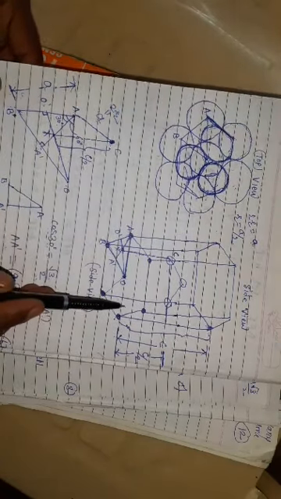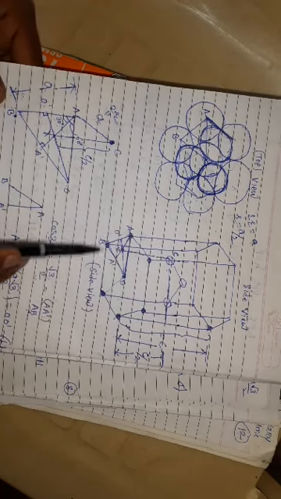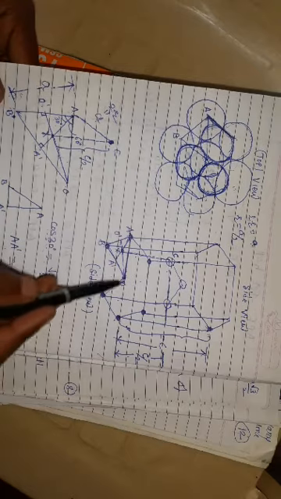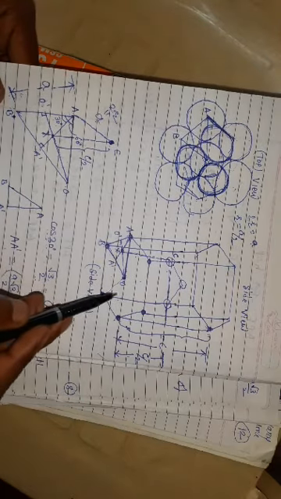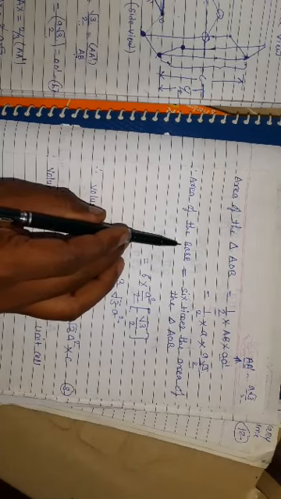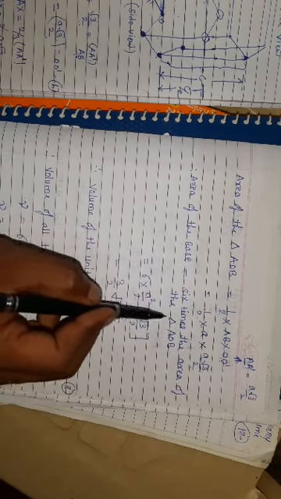But in this plane there are 6 triangles. Then to find out the area of this whole plane, there are 6 triangles, that's why I multiply 6 into the area of this triangle. Is it right? See the formula: the area of the base of this unit cell is 6 times the area of the triangle AOB.